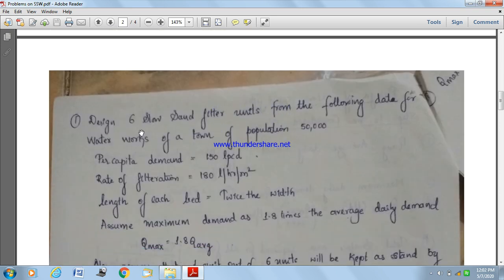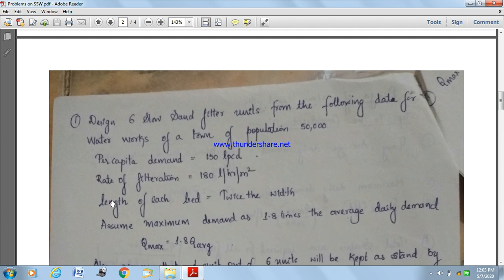Design 6 slow sand filter units for the following data. The water works is for a town of population 50,000. Per capita demand is 150 LPCD. Rate of filtration is 180 liters per hour per meter square.